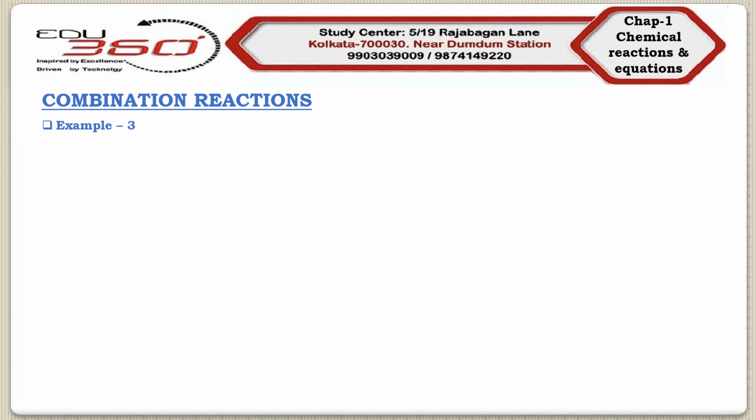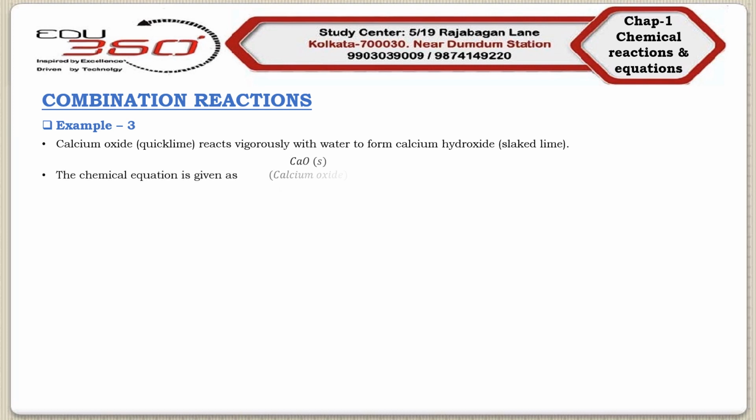Calcium oxide, which is also known as quicklime, reacts vigorously with water to form calcium hydroxide, which is known as slaked lime. The chemical equation of this reaction is CaO + H2O → Ca(OH)2.